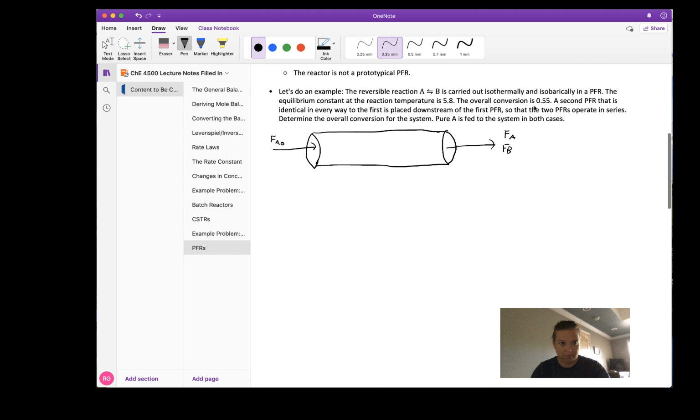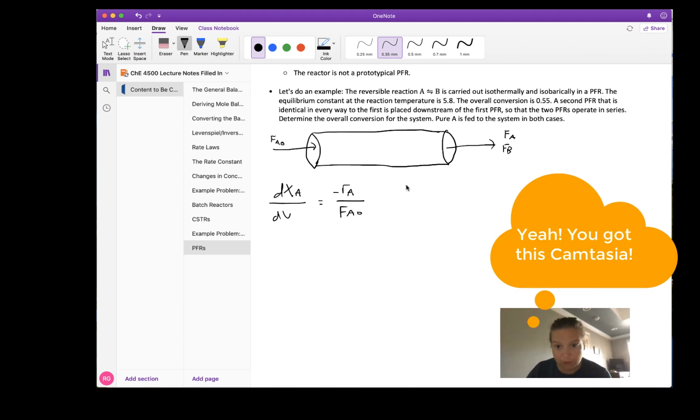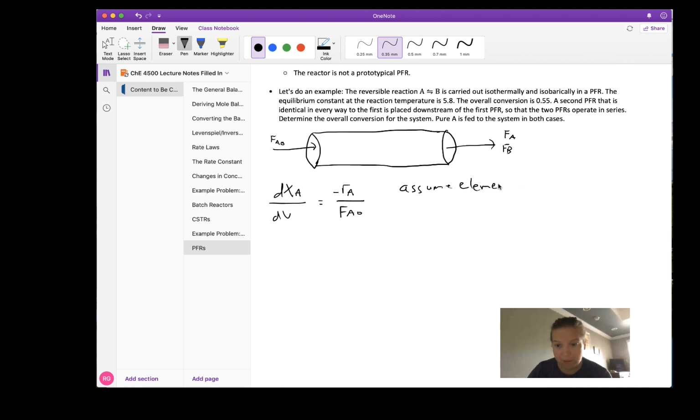This is giving information in terms of conversion, so I'm going to write down the mole balance in the form in terms of conversion. dXA/dV is equal to minus rA divided by FA0. And now I need a rate law, so I need to substitute something in here. So I'm going to assume elementary kinetics.